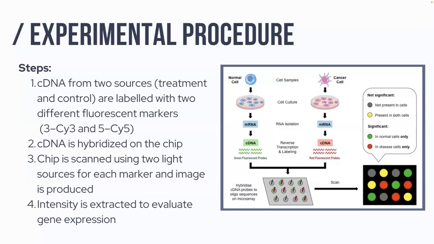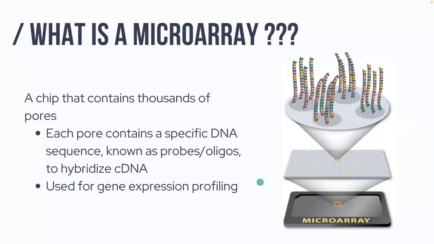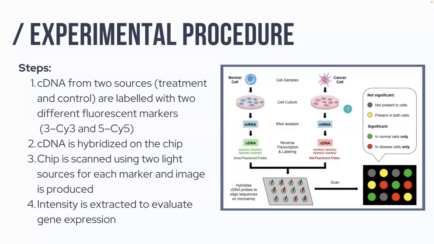And so the cDNA reads from the normal and from the cancer cells are labeled with two different fluorescent markers, called cyanine 3 and cyanine 5. These cDNAs go through the hybridizing step where, as in the previous slide, the microarray chip has these probes, and the specific fragment will bind to its probe.